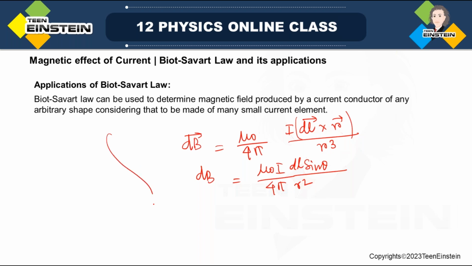Actually I can draw this current element. At a certain point P, we're calculating magnetic field due to this element. So this is r, and this direction is the direction of dl, and the angle between them is theta.